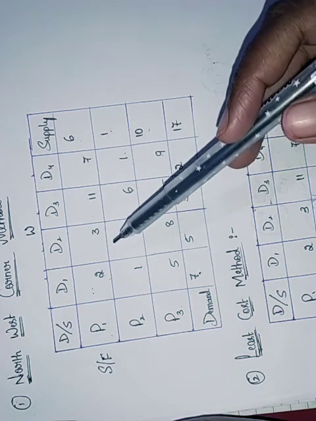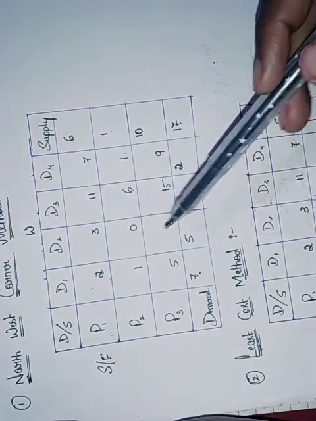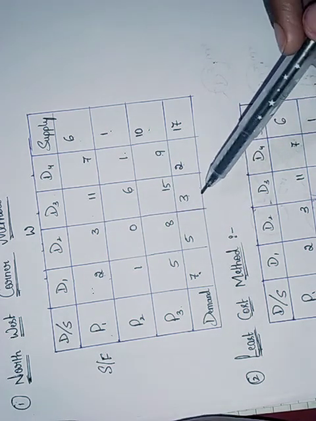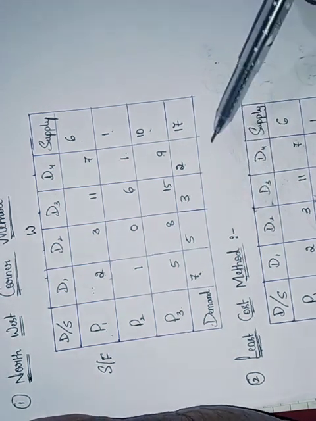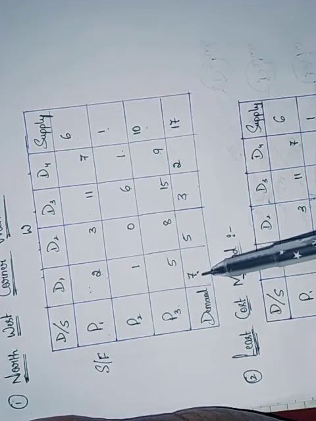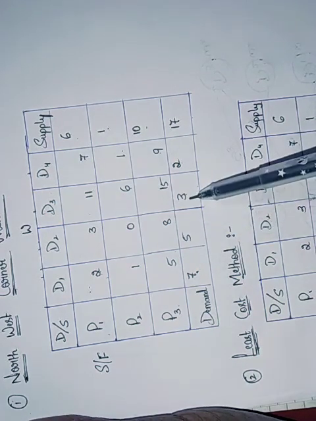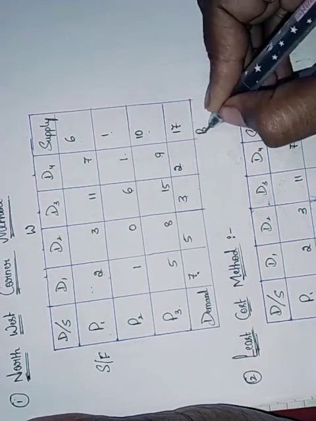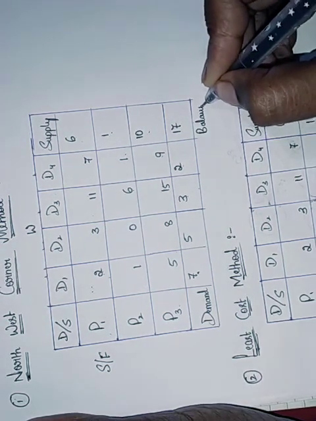Before proceeding, let us identify whether this problem is balanced or unbalanced. Take the total of the supply column: 6 plus 1 is 7, plus 10 is 17. And 7 plus 5 is 12, 12 plus 3 is 15, plus 2 is 17. So this problem is a balanced transportation problem.